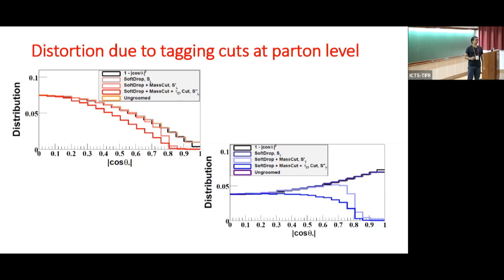Yes, I agree, that is true. But we have checked across different grooming algorithms. We have not simulated detector noise yet, but I'll give you some estimate and explain.